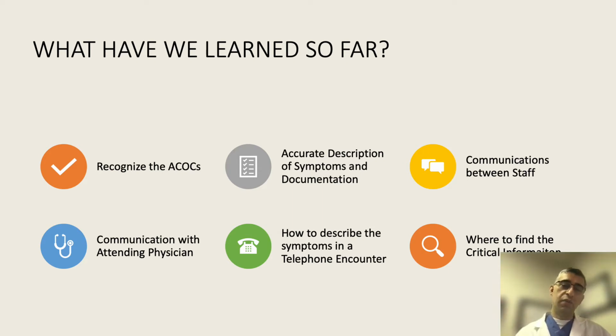Find the critical information. The critical information can be related to the current symptoms that you're discussing, or it may be information that is very relevant in the patient's medical chart.